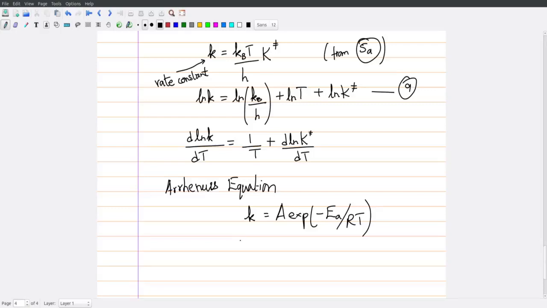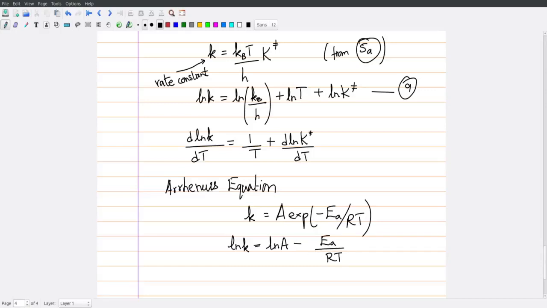Now if you take ln here, you get ln k equal to ln of A minus EA by RT.